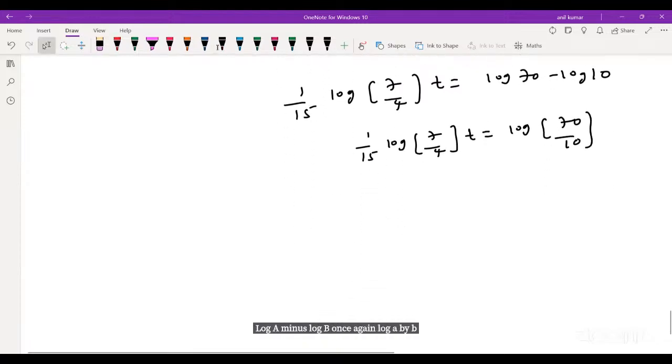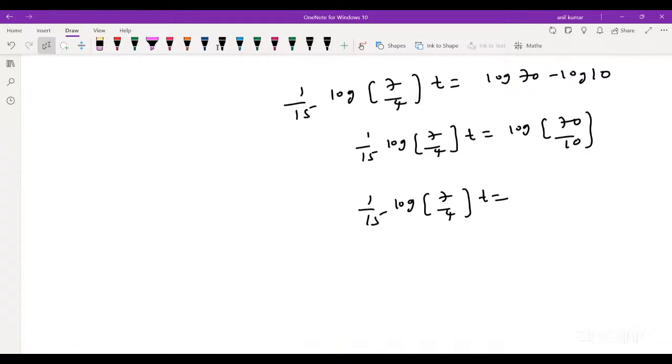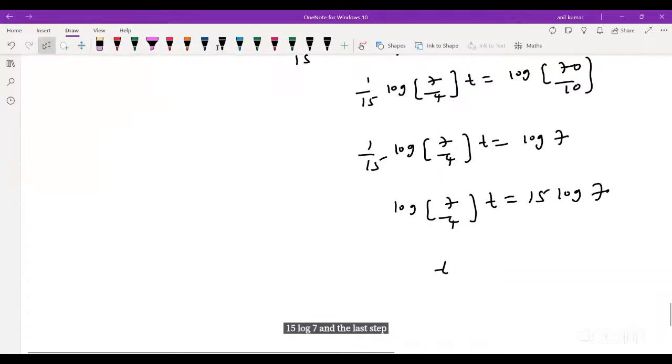Right, good. Log 70 by 10, log 7. Now, sending this 15 to the left side. 15 log 7, and the last step, send log 7 by 4 to the right side.